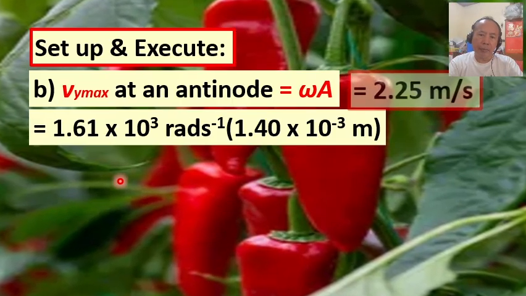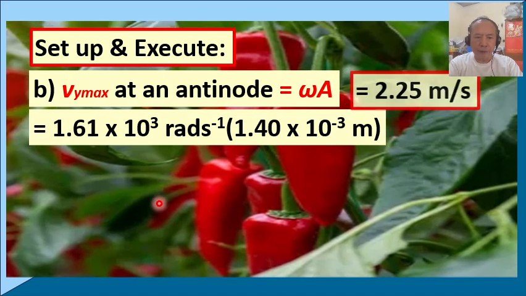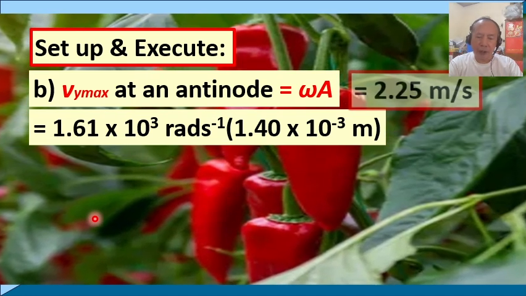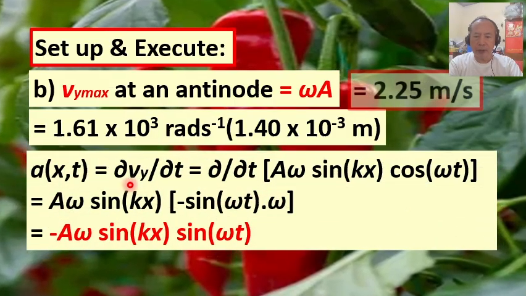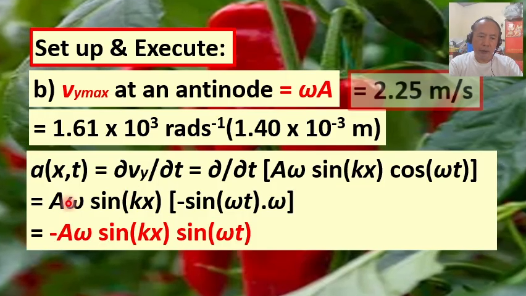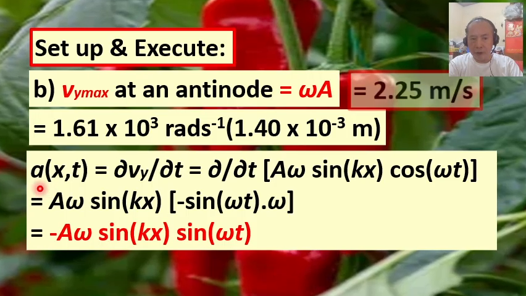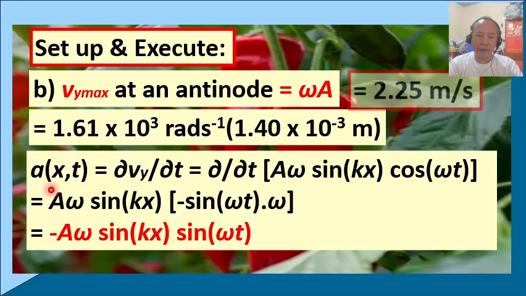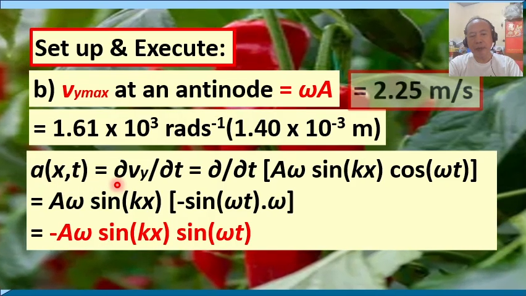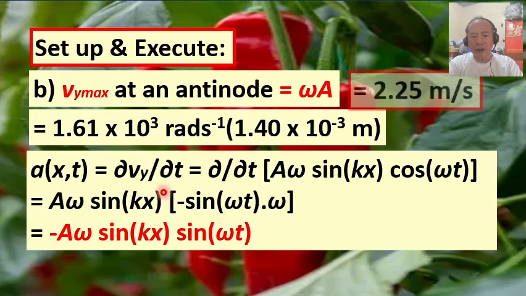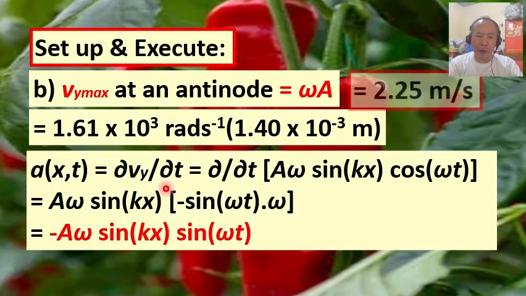And following the same mathematical derivation for the transverse acceleration, we could have determined the value of the transverse acceleration a sub y with respect to the time t by getting the second partial derivative of the displacement y function.